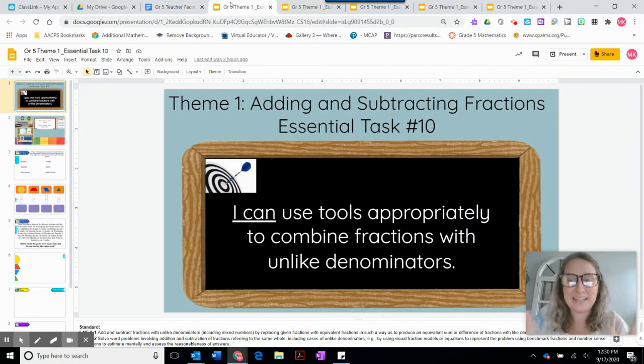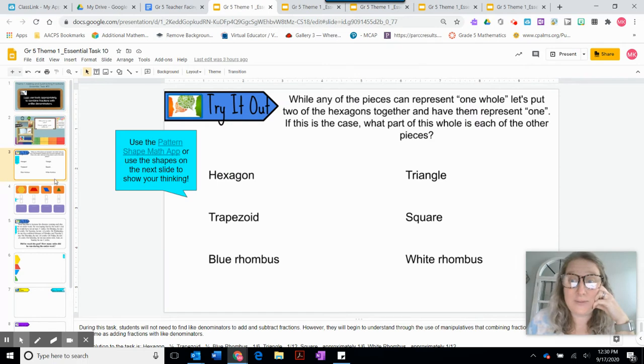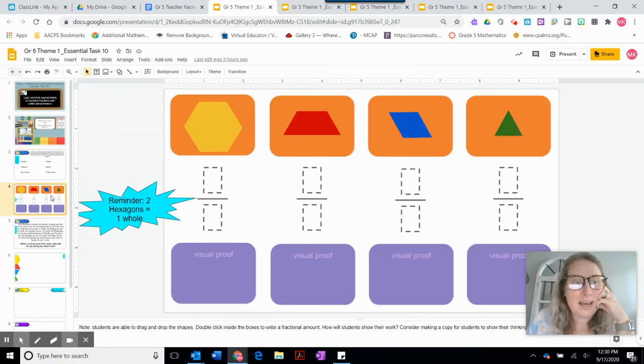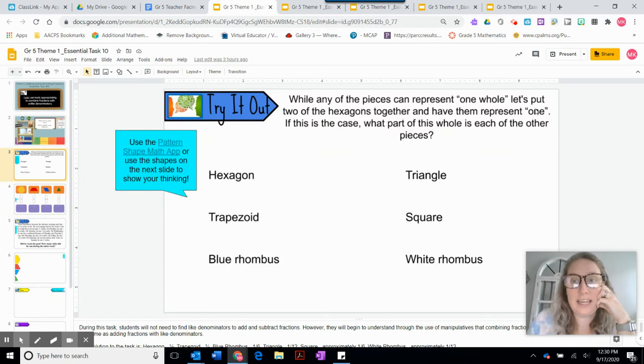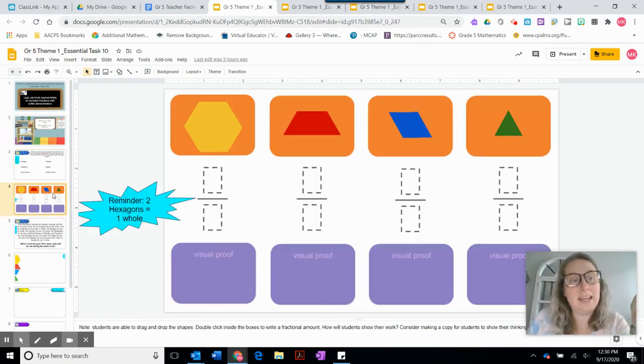I already have these tasks up and open just for time's sake. So our first essential task you'll recognize from the curriculum. Students are going to be looking at these pieces. 1 whole is 2 hexagons, and they are trying to determine the value of the other fractional pieces.